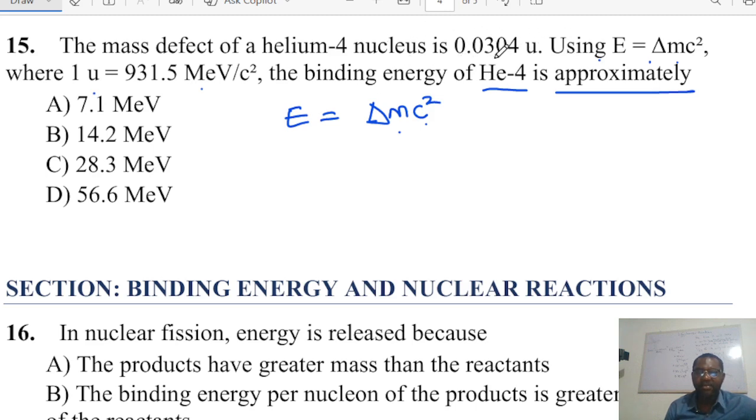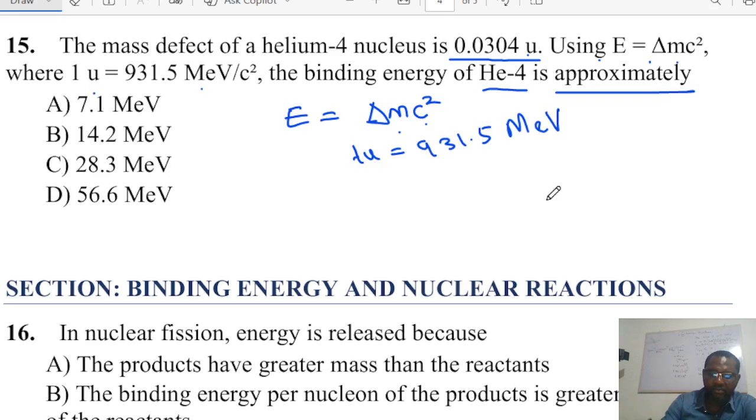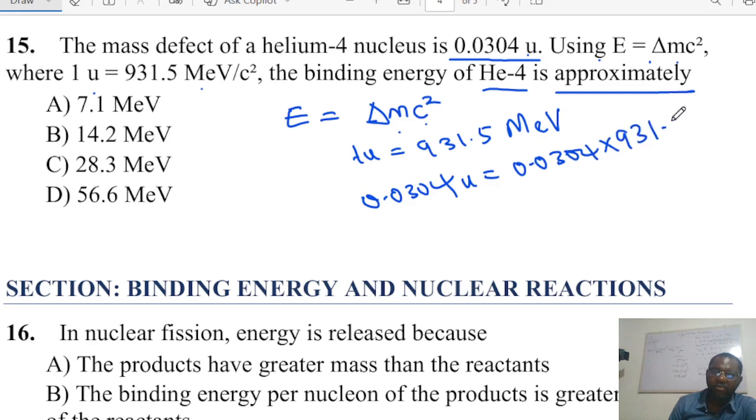Actually, you can find the binding energy directly from the atomic mass unit. Since we are given atomic mass unit, and one atomic mass unit is 931.5 mega electron volts, that would mean that 0.0304 atomic mass unit is going to be 0.0304 multiplied by 931.5.